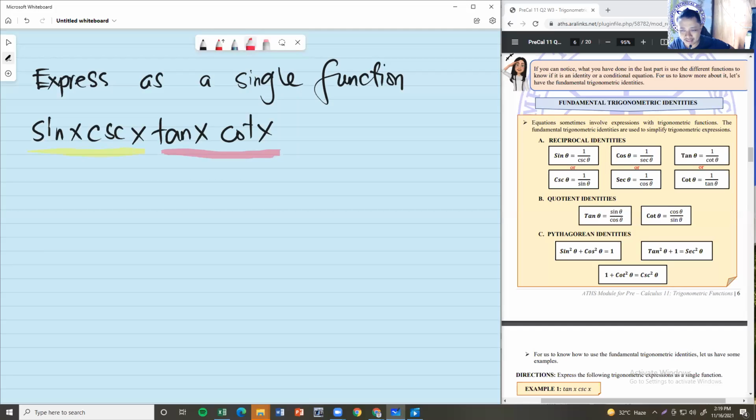Linnea is correct. Jazel is correct. Very good. Let's wait for the rest. Christian is correct. Very good. Riza is correct.